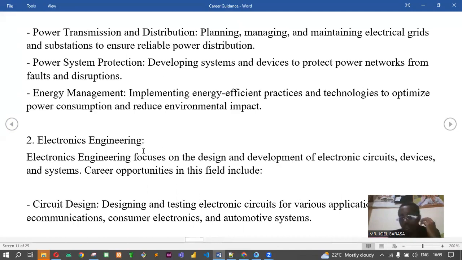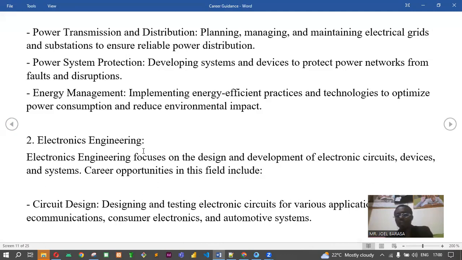Electronic engineering, maybe you only deal with the design and development of electronic circuits, like these motherboards for HP companies, Lenovo. IT companies will also absorb you. You saw the other time the government launching HP companies and other things. There was another one here about the Volkswagen kind of development of cars and so on.